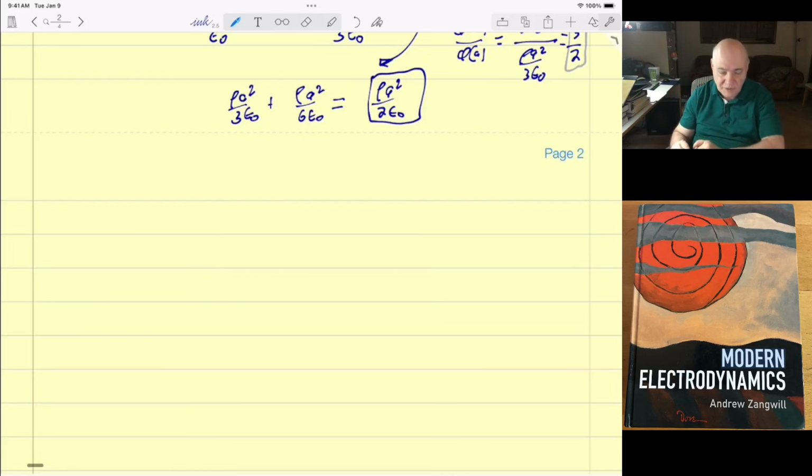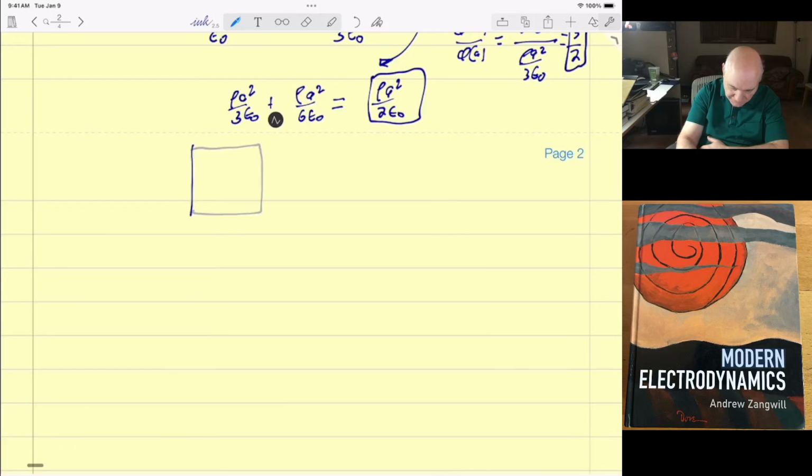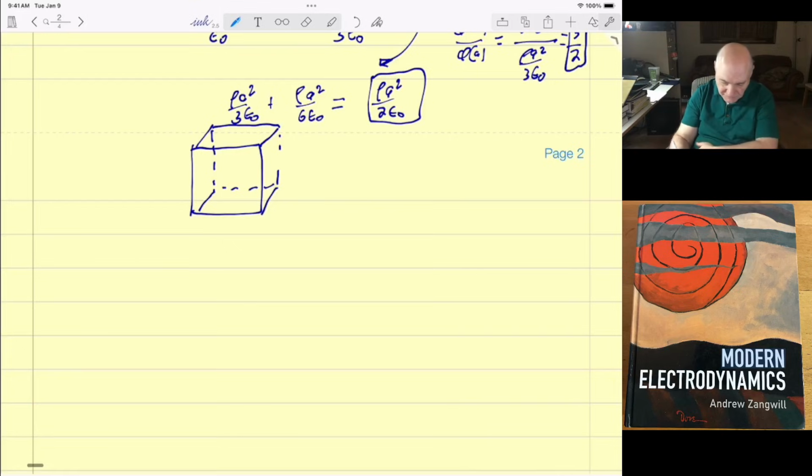We have a cube. I'm not very good at drawing these things. So this is our cube. We want to compare, let's say, over here to the center.